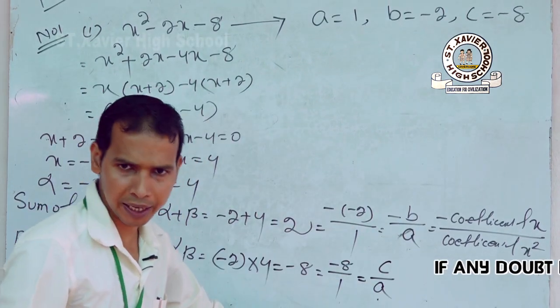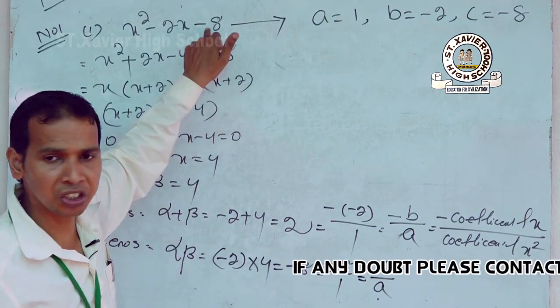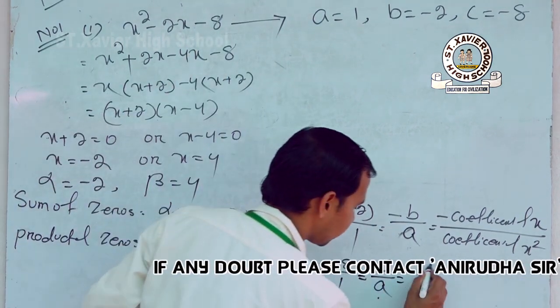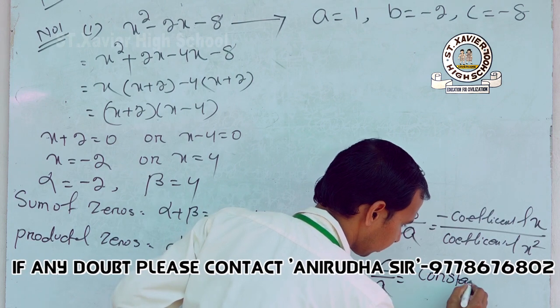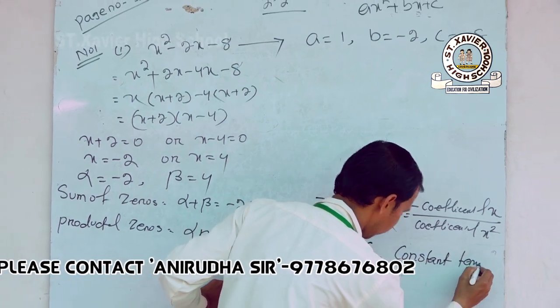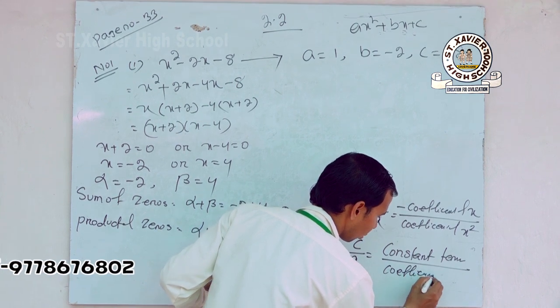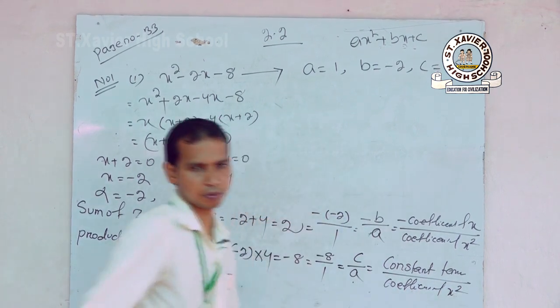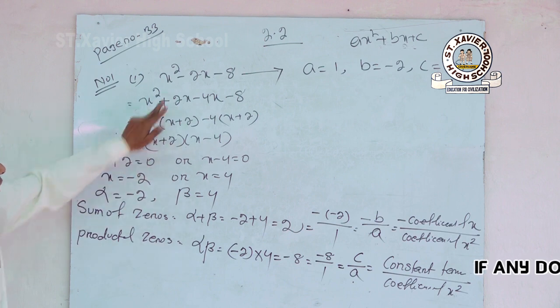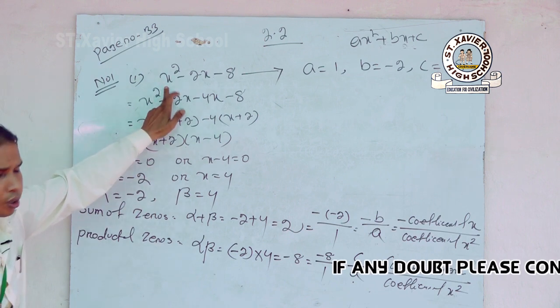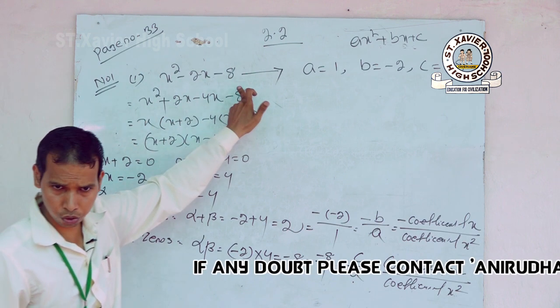So c by a. What is c? c is the constant term. You write here, c is the constant term by coefficient of x square. Confirm?